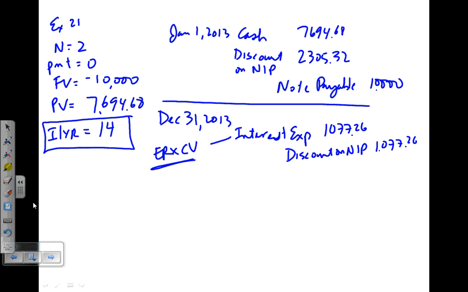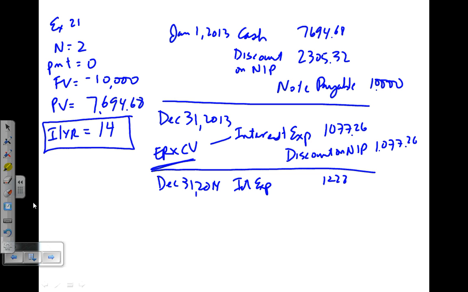So on December 31st, 2014, we have to pay back the note, plus we have to recognize interest for that second year. Let's just do the interest first. We can do interest expense, and that would be 1,228.06.